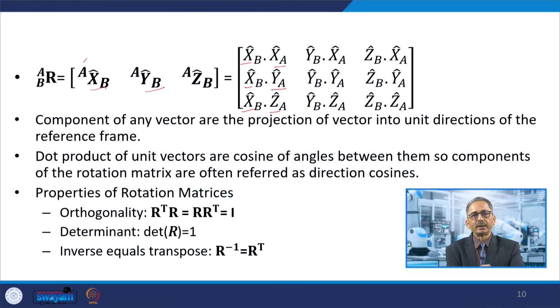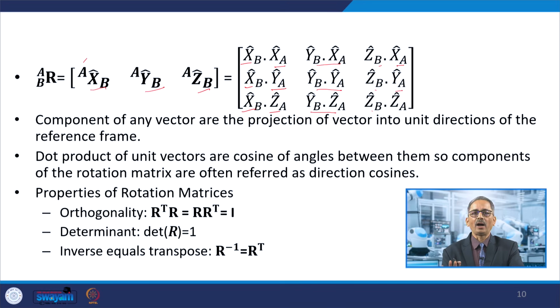Likewise, this representation of YB in terms of frame A means I take the projection of YB in the direction XA, the projection of YB in the direction YA and the projection of YB in the direction of ZA. Likewise, for ZB represented in terms of frame A, again I take the ZB projection in the direction XA, the ZB projection in the direction YA and the ZB projection in the direction ZA.